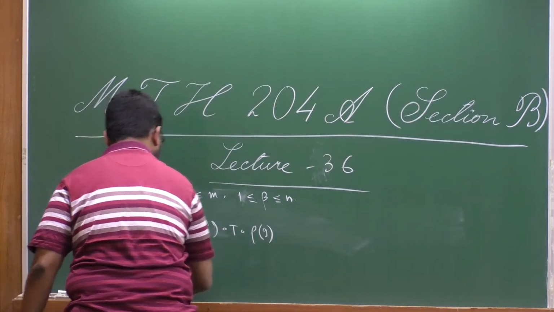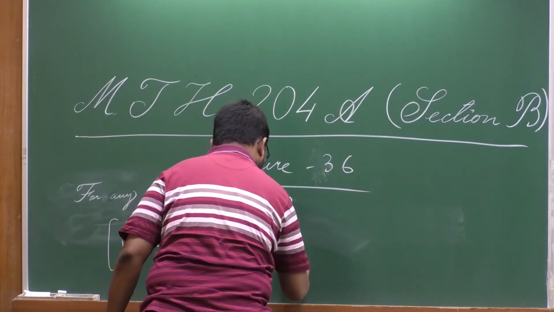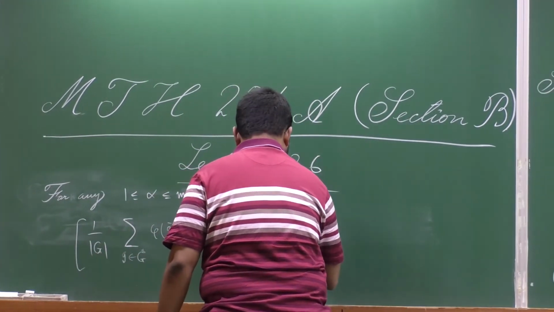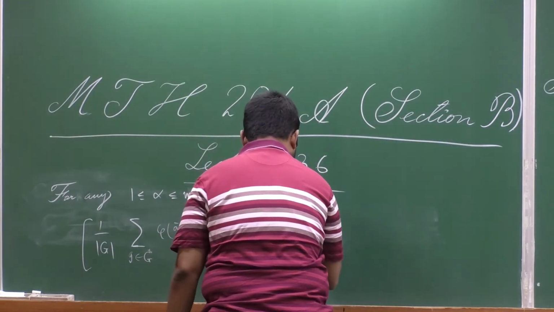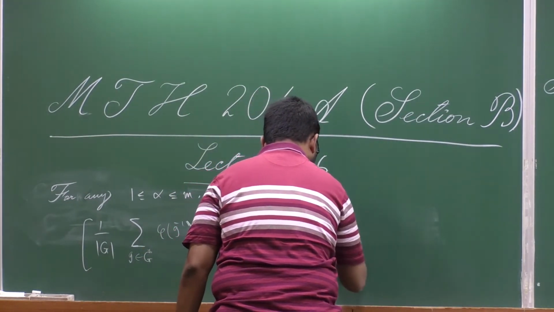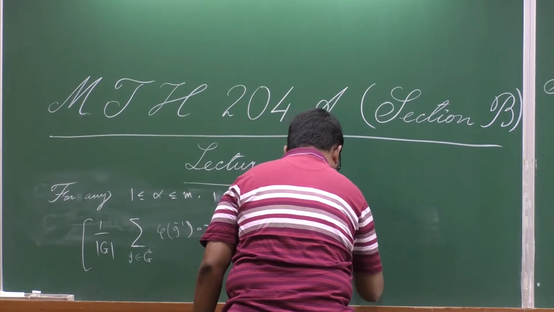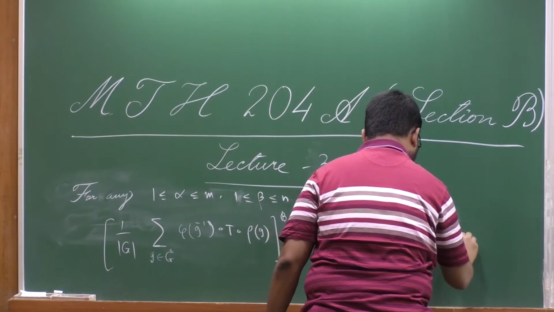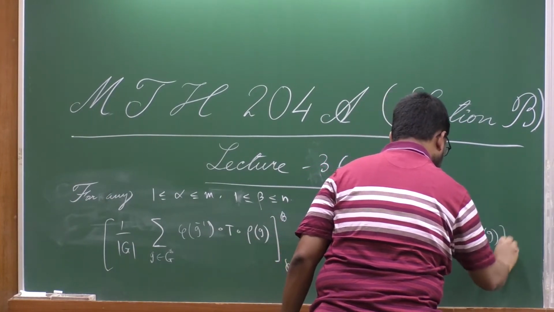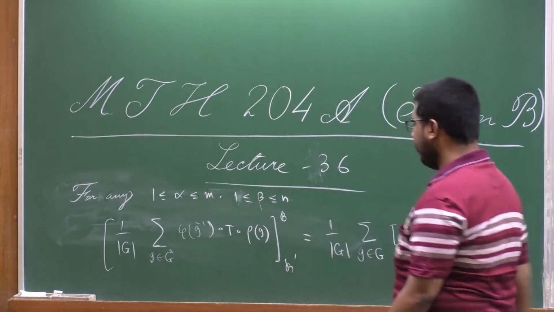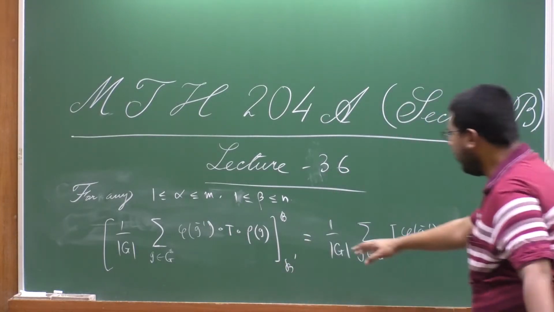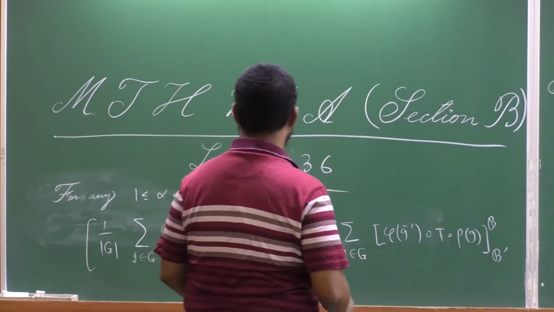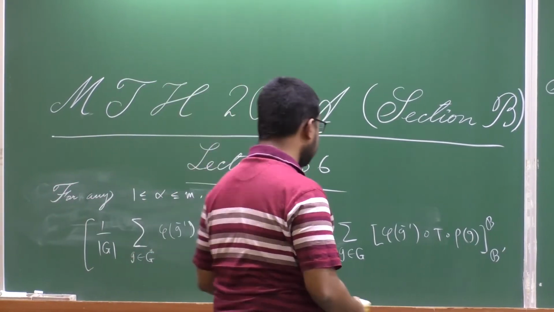okay, so this is my operator. Of course, we can disregard this part. The matrix representation of the sum will be the sum of the matrix representations, and then we also have to observe something.